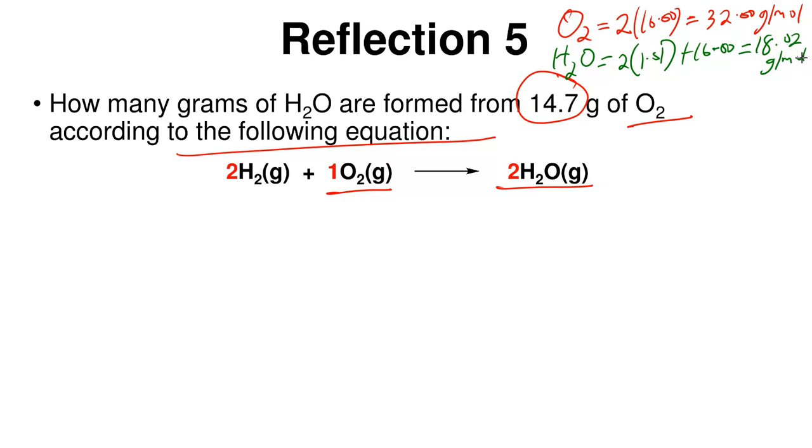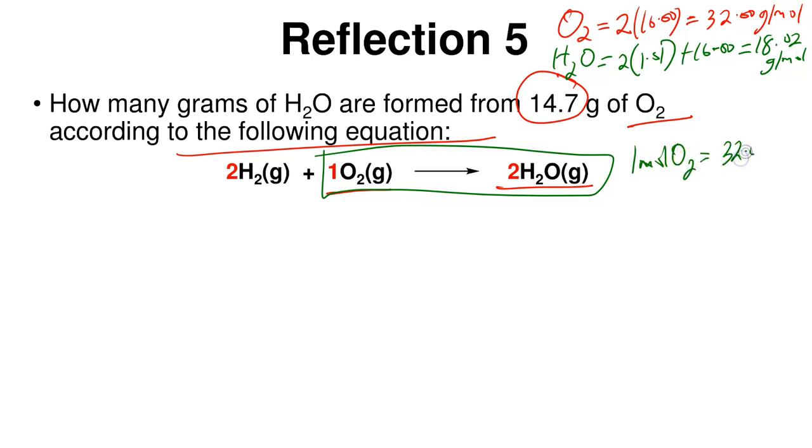And the next thing we're going to know is that since we're talking about oxygen and water, we're going to use the 2 mole ratio again. So let's write out all we need in this problem. What are all the conversion factors we need? The first one is that a mole of oxygen is 32.00 grams of oxygen. The second one is that a mole of water will give us 18.02 grams of water.